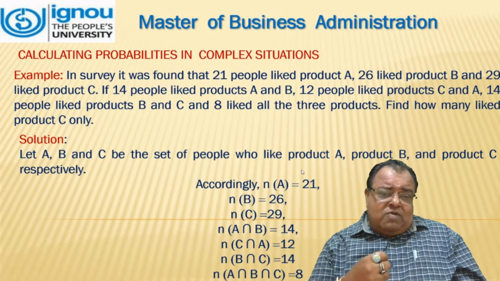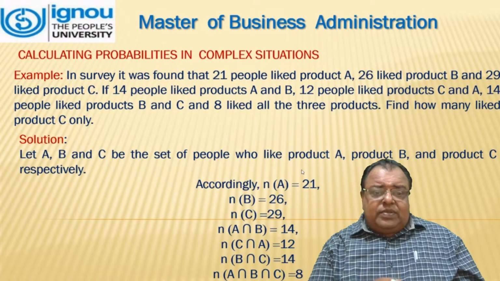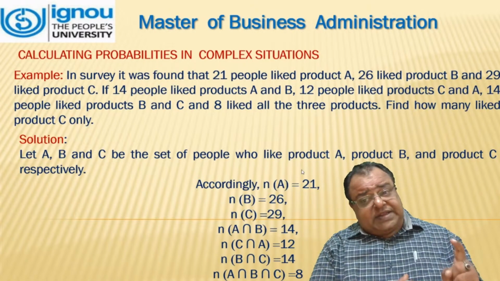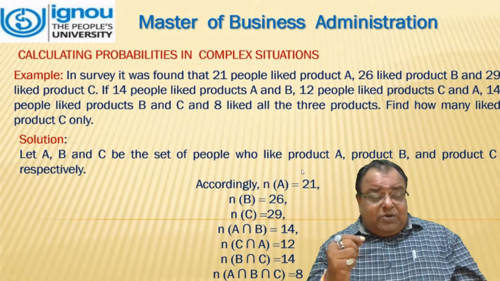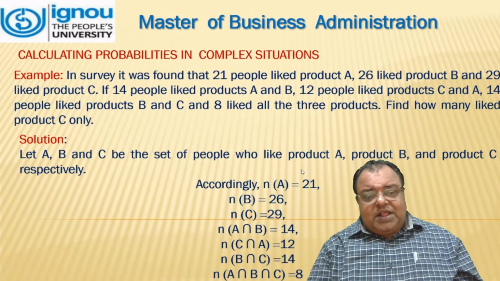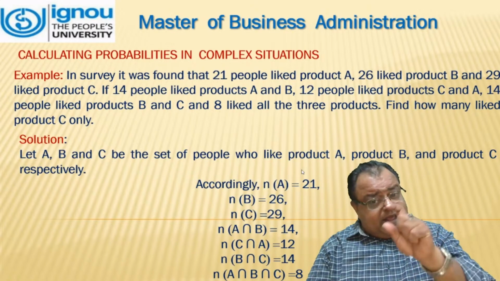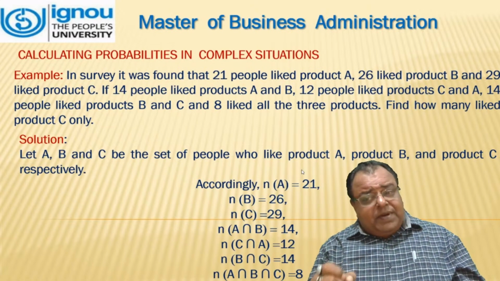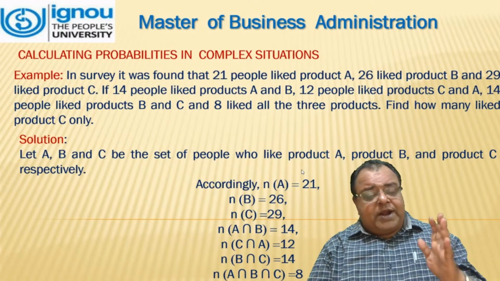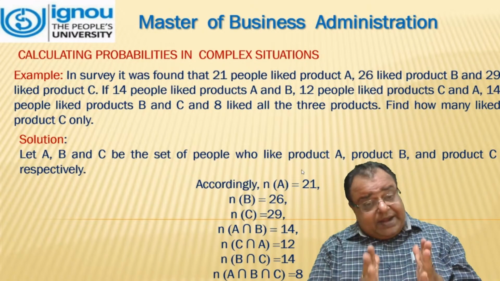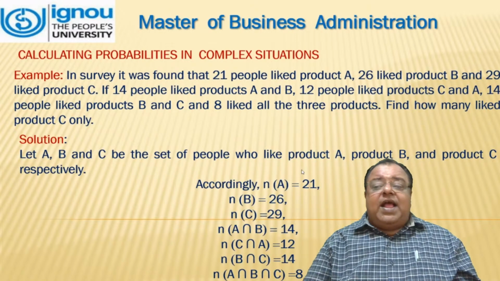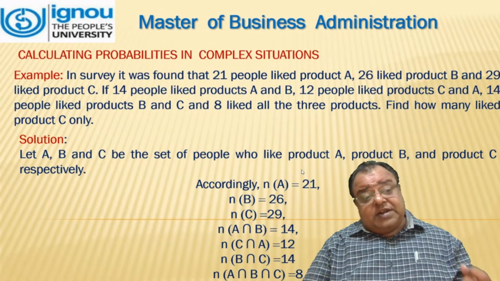In a survey, it was found that 21 people like product A, 26 like product B, and 29 like product C. If 14 like products A and B, 12 people like products C and A, and 14 people like products B and C, and there are 8 people who like all three, now the question is: how many people like product C only?